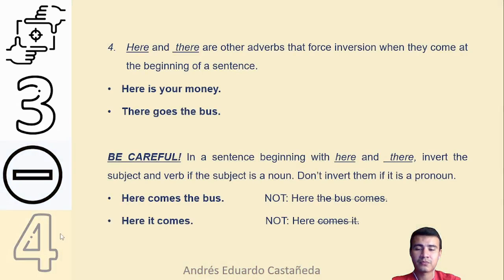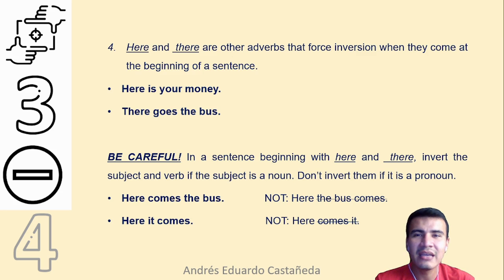And we have the fourth rule, where here and there are other adverbs that force inversion when they come at the beginning of a sentence. For example, "Here is your money," and "There goes the bus." But be careful: in a sentence beginning with here or there, invert the subject and verb if the subject is a noun.